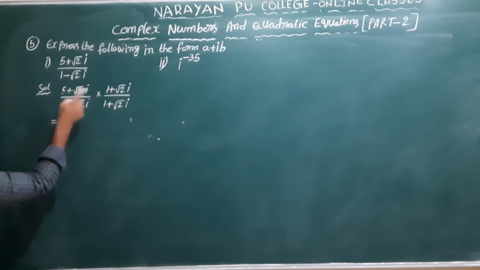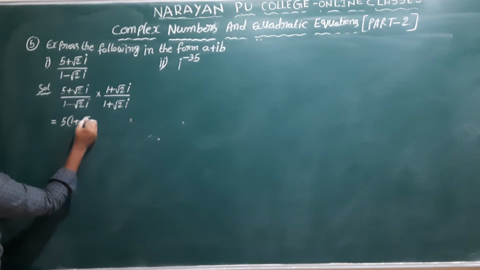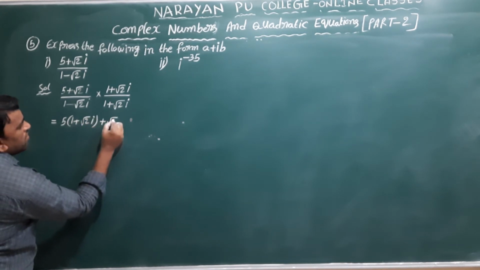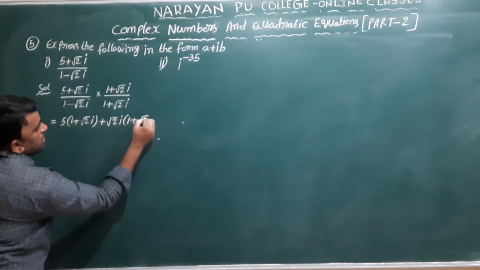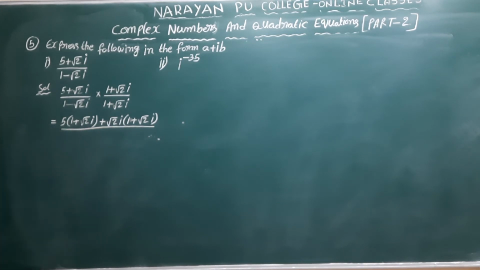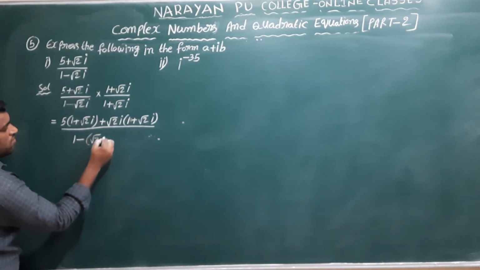Now multiply the numerator, 5 into 1 plus root 2 i plus root 2 i into 1 plus root 2 i, whole divided by the denominator in the form of a minus b into a plus b, a square minus b square: 1 square is 1, minus b square, root 2 i whole square.